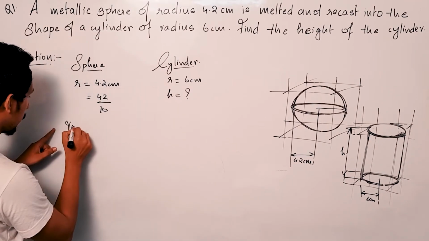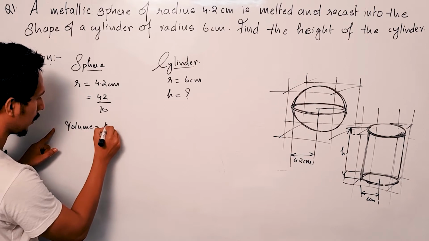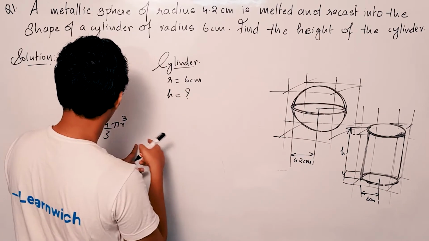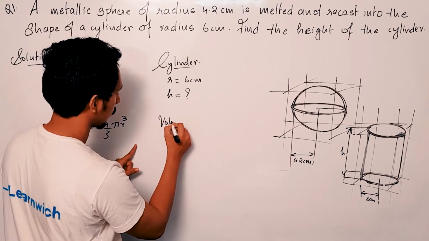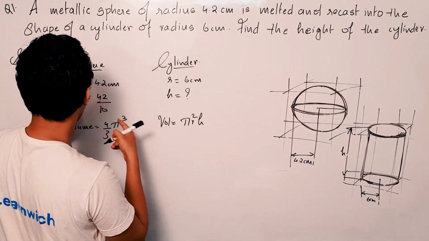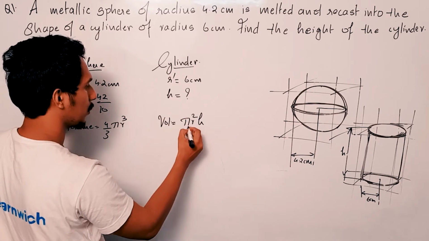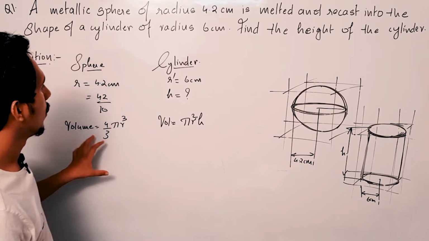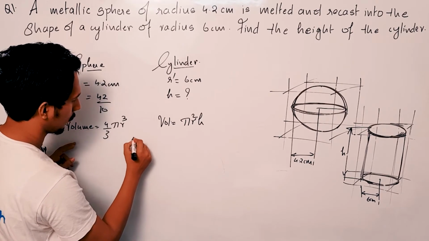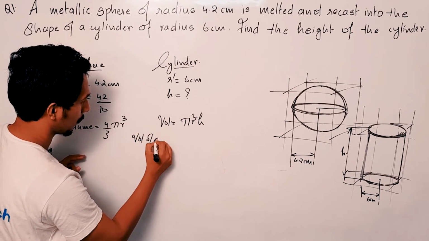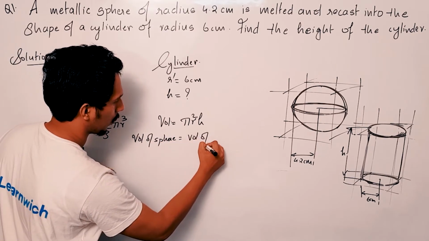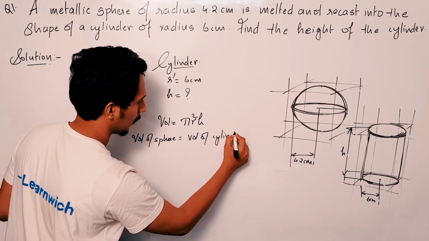What is the volume equation for a sphere? It is 4 by 3 pi r cube. Here the volume of the cylinder is pi r square h. Since both r's are different, let's put this as r dash. Now solve. Volume of sphere equal to volume of cylinder, right?